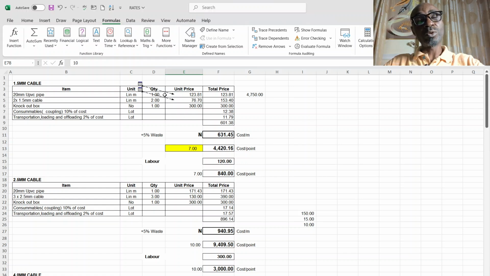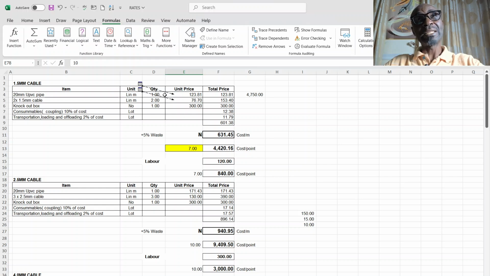And in doing so, it is expected of us to build up our rates to include everything that will take light from the DB to those points and make it work aside from the DB. So in doing so, what we're expected to consider is the piping, the cable, knockout boxes, consumables, which are the bushes and the coupling.